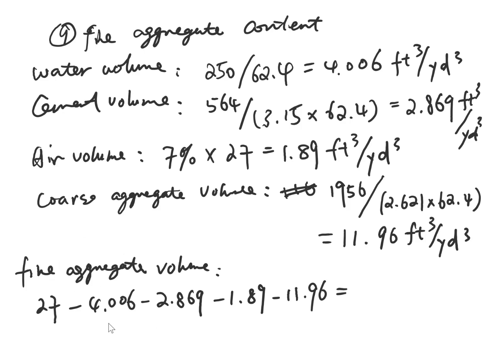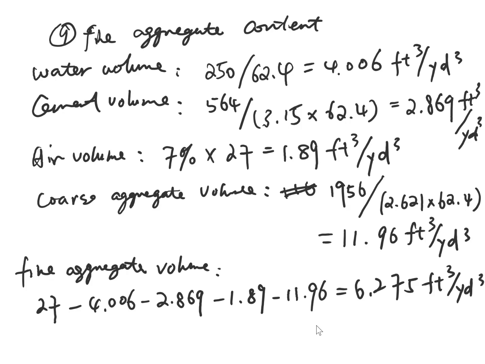So this should be approximately equal to 6.275 cubic foot per cubic yard of concrete. So that's the volume of fine aggregate per cubic yard of concrete.